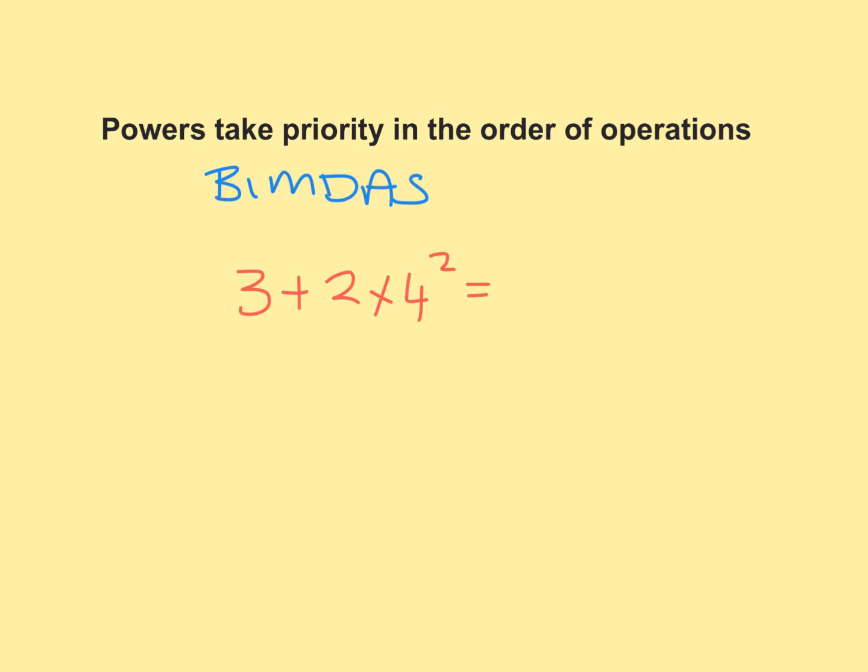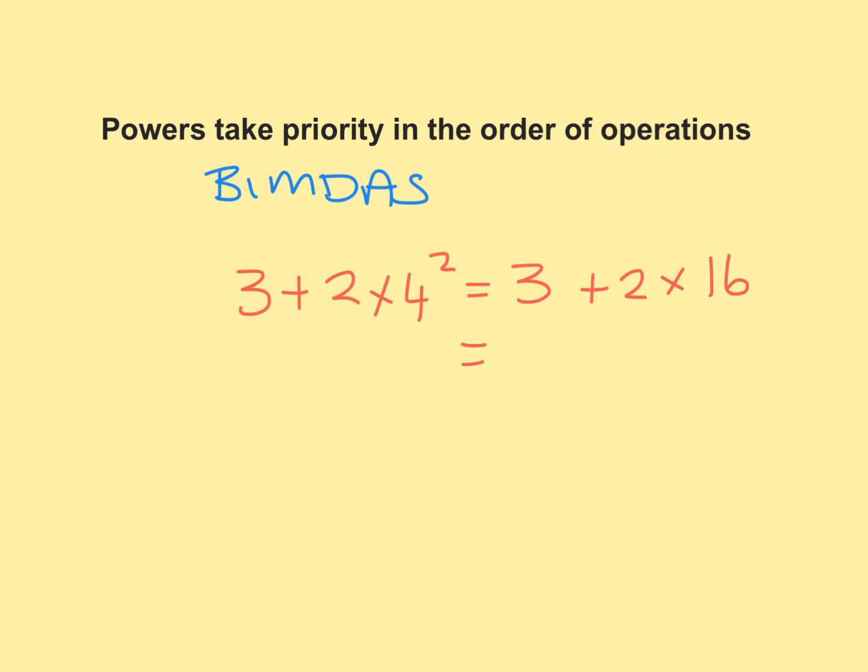We've got 3 add 2 multiplied by 4 squared. Let's work that out. 3 will stay the same, plus 2 times, now we've got 4 squared. We know that 4 by 4 is 16, so we write our 16 down.